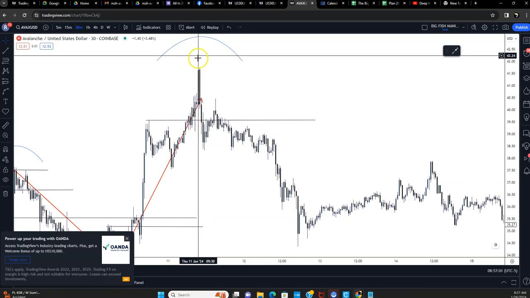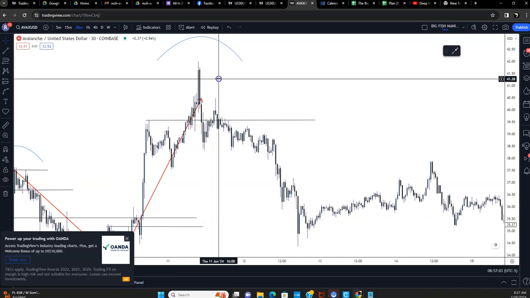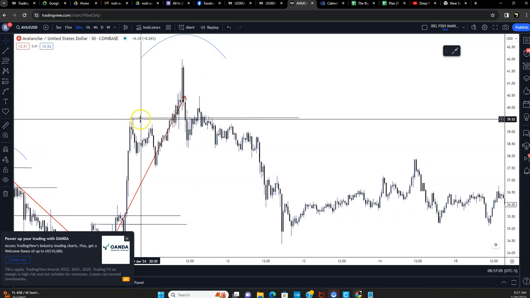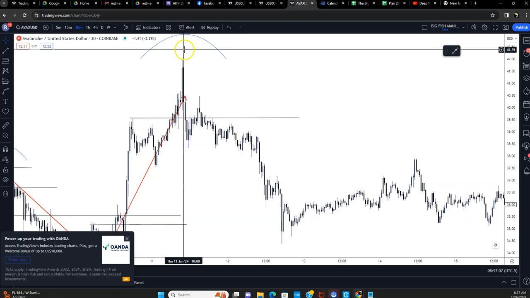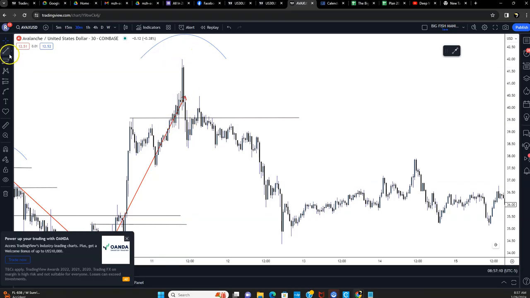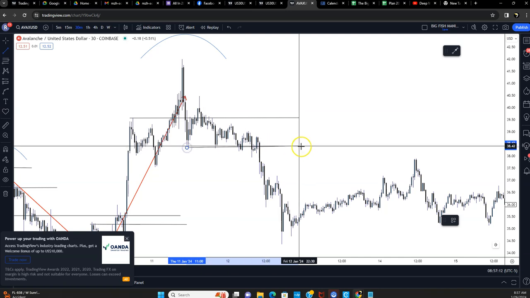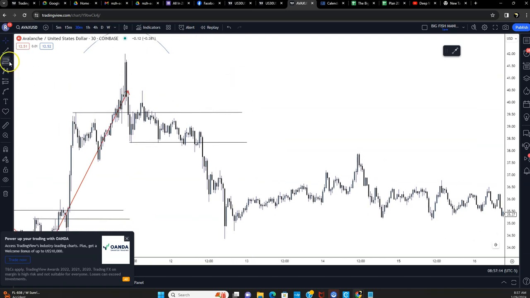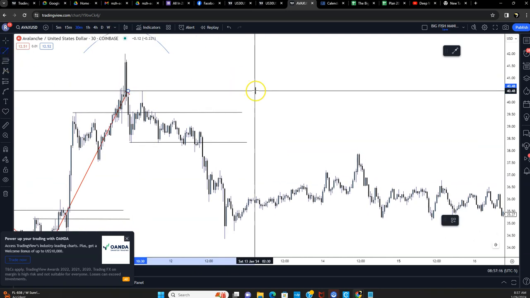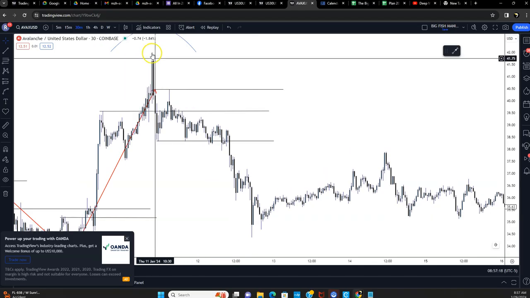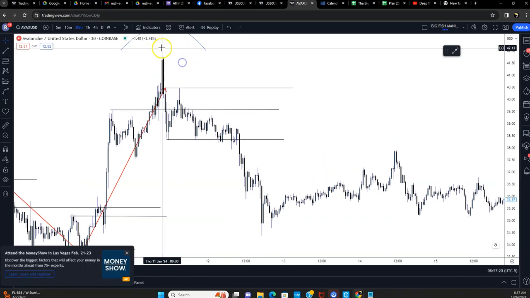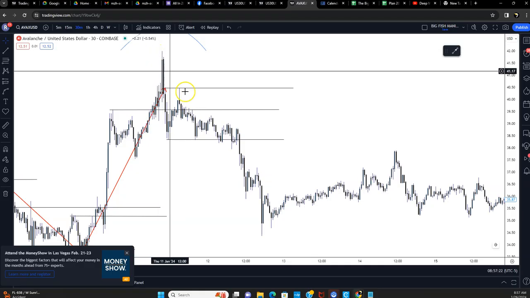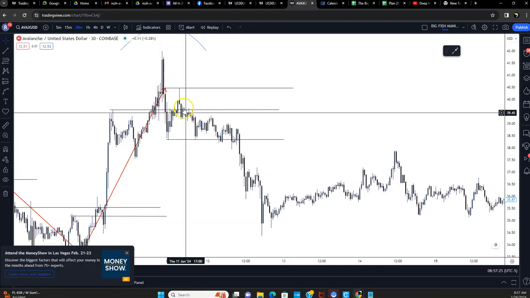It shot up and it shot right back down. But look at what happened, right? The previous high broken, low created, high failed. This failed to break the previous high. When that failed to break the previous high, entry.